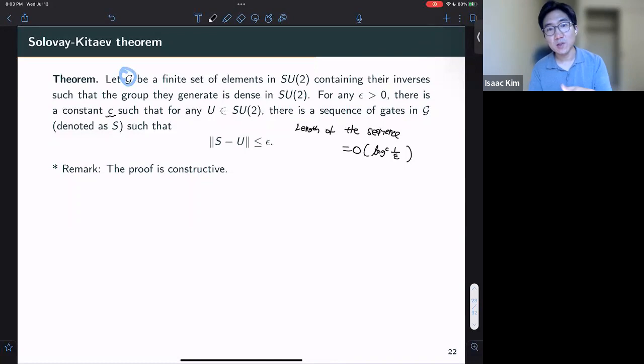It grows very, very slowly. Moreover, this theorem is constructive: given an arbitrary universal gate set, it gives you a way of approximating any unitary in SU(2) by a sequence of gates in this gate set, and there's an efficient algorithm. On a classical computer, this gate sequence can be computed exactly, and one can even guarantee the error.